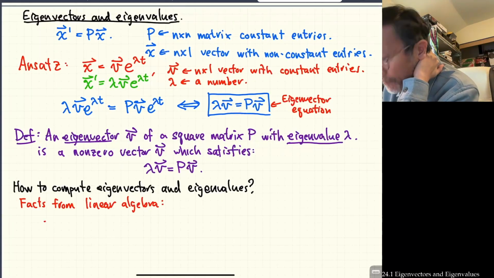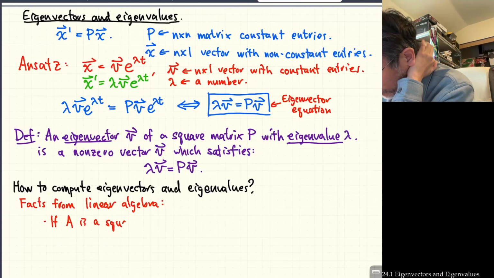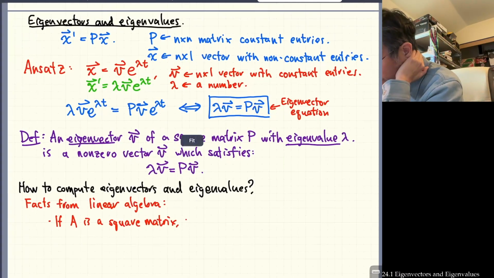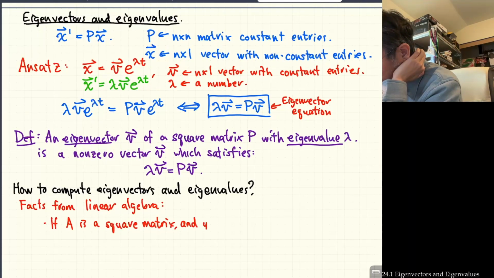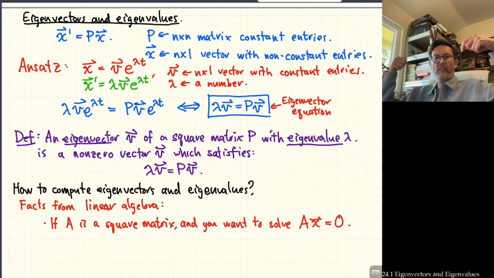So if you have a square matrix A, and you think about the equation Ax equals 0. A is a square matrix, maybe with n rows and n columns, and x is going to be an n by 1 column vector.